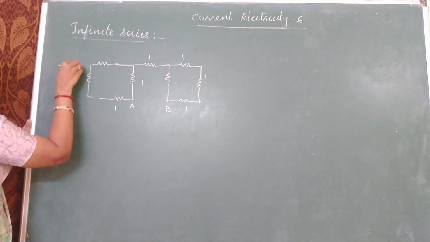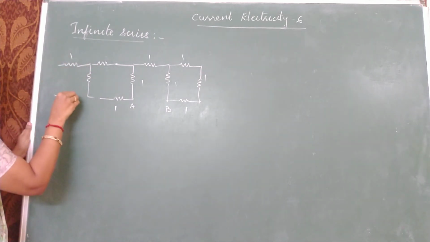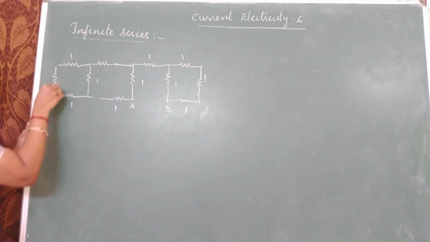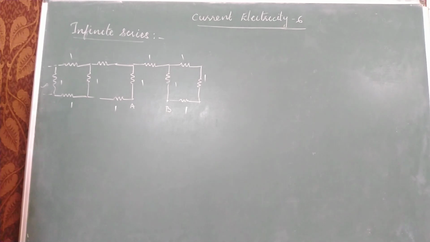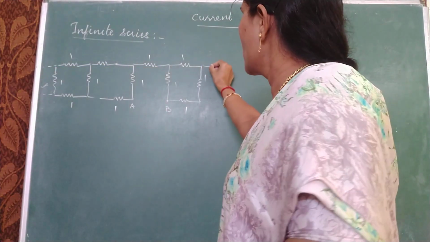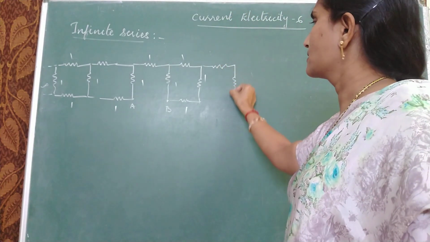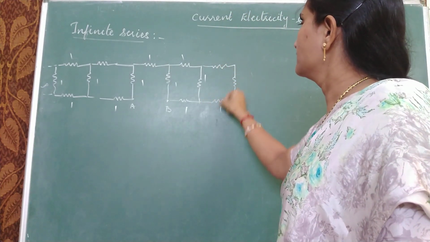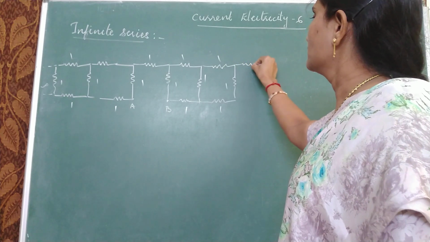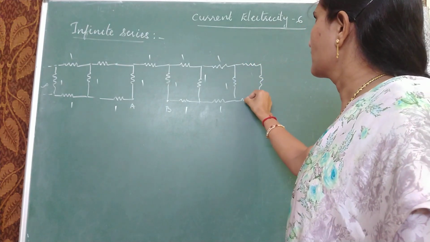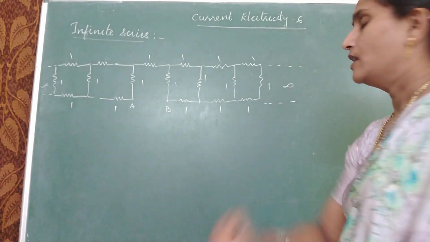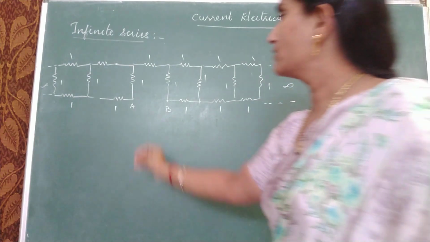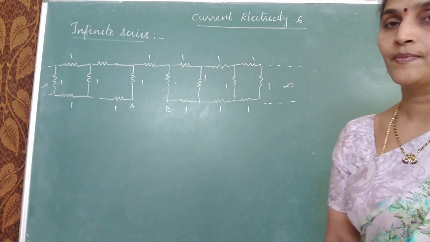And both ends are tending to infinity. Left side also it's going to infinity. Even the right side is tending to an infinite number of branches. Now they are asking you to calculate equivalent resistance across A and B.